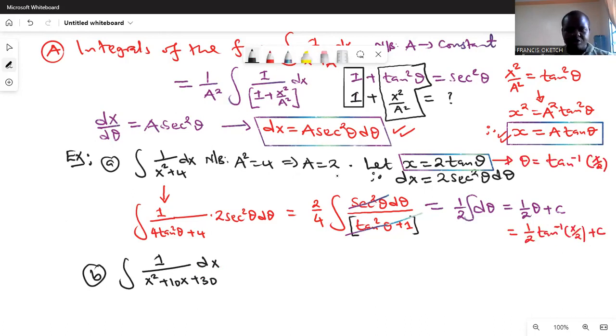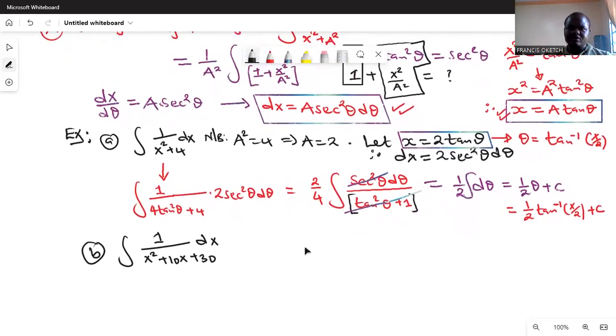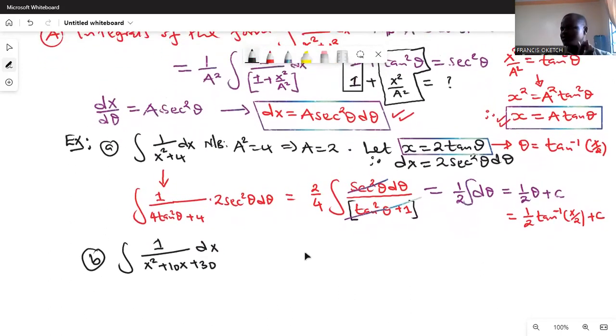So how do we go about this? Again, you have to write that in the form of x squared, or simply a variable squared plus a constant squared. 1 over variable squared plus a constant squared.